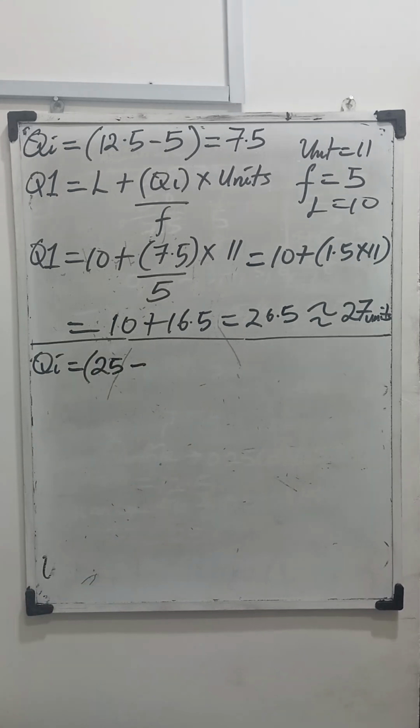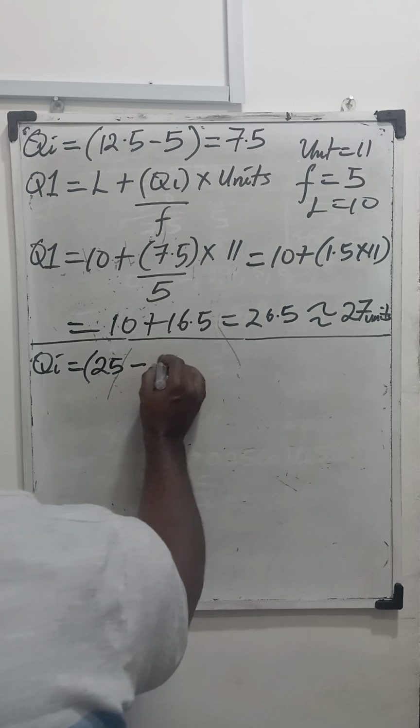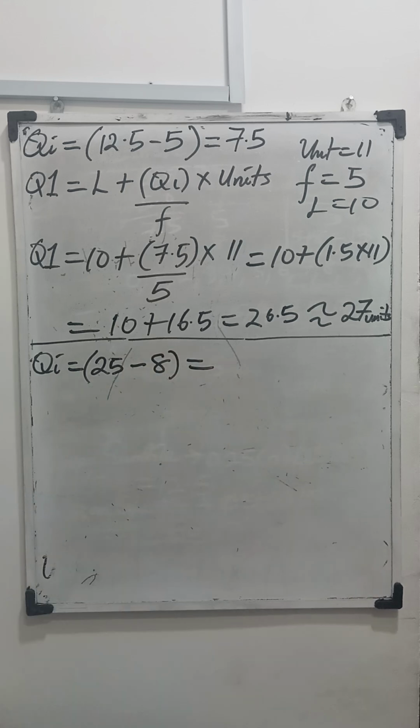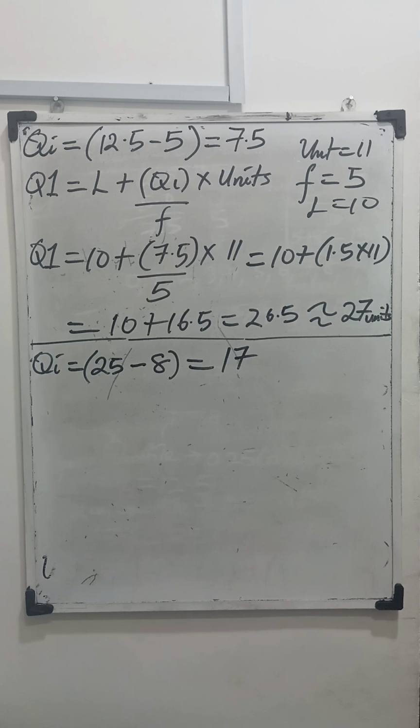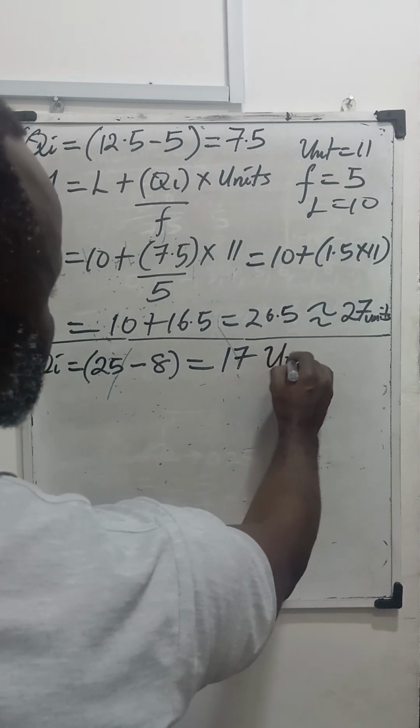25 minus, what's the next value on the table that we should be subtracting from the frequency? 8. So 25 minus 8 is 17. Good. So for the units, let's look for the units.